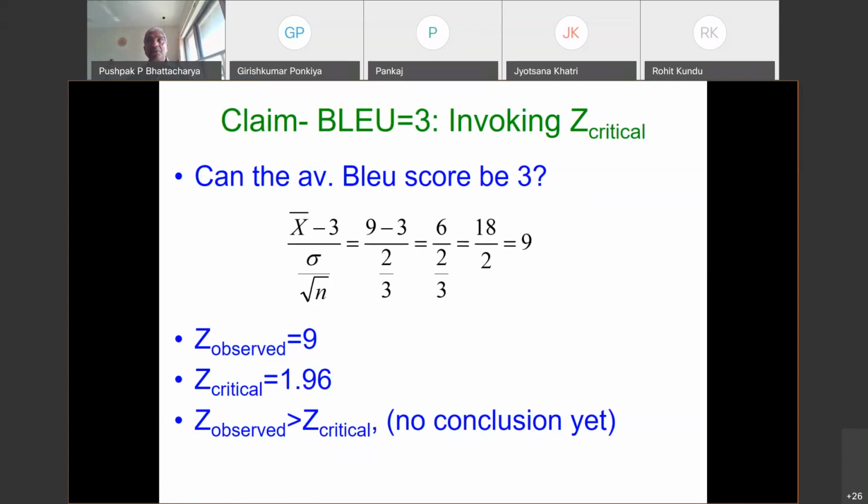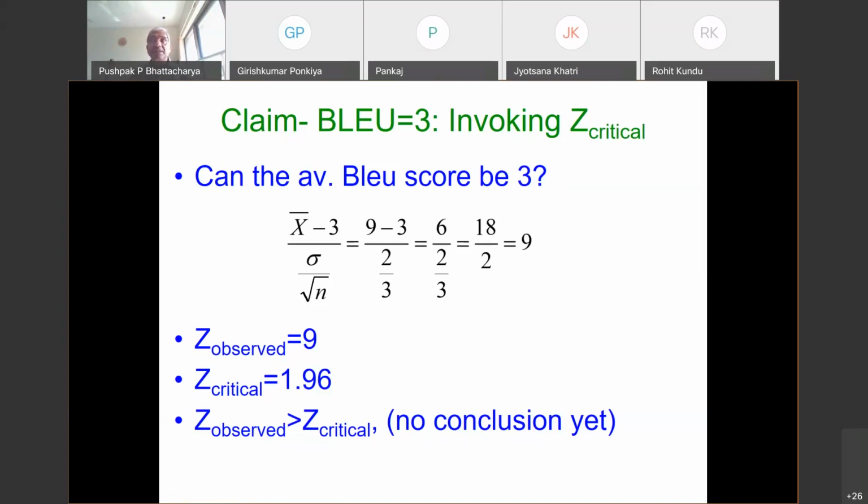I am just making observations about these claim situations. Claim of 10, Z observed is greater than Z critical on the negative side. Claim of 15, Z observed is less than Z critical, falling outside Z critical, that is. And minus 1.5 was falling within Z critical. So falling outside and falling within is important. And the adversaries or the competitors claim that Bhashantar's blue score is 3.